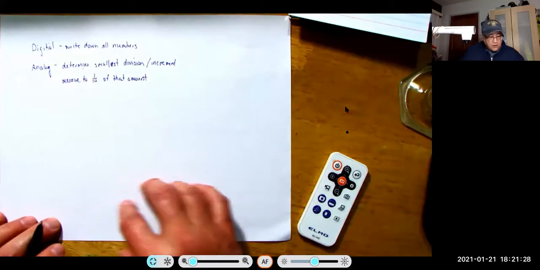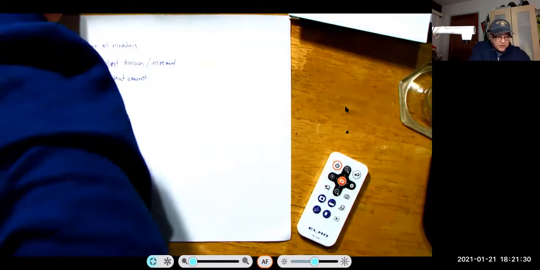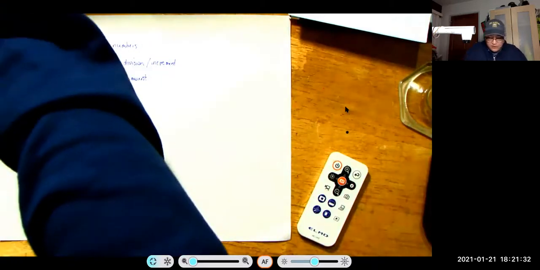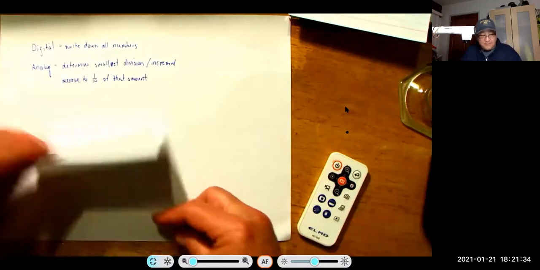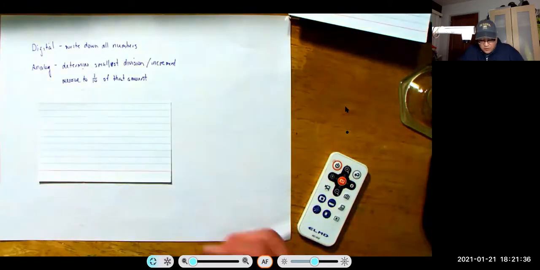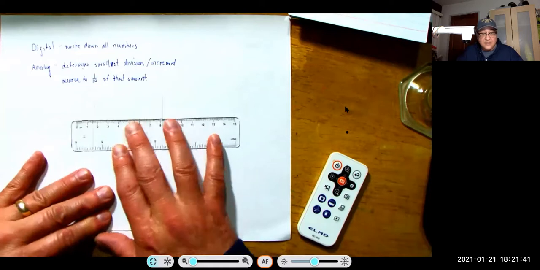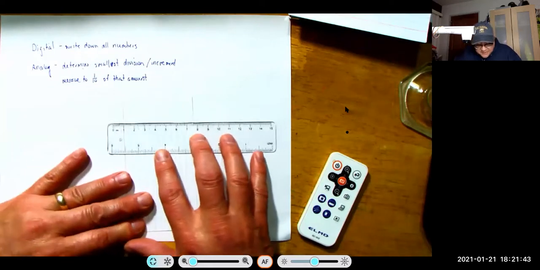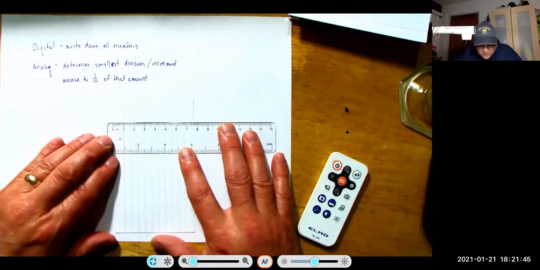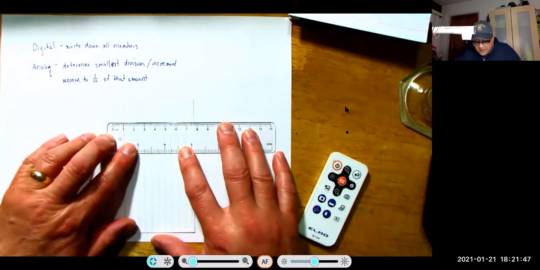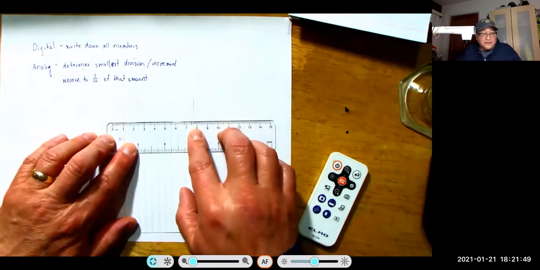Okay, so that being said, just for practice, I'm going to put my index card here again, and we're going to take a look at the width. I'm going to line up the 0 with one edge of the card, and we need to measure the width of this.